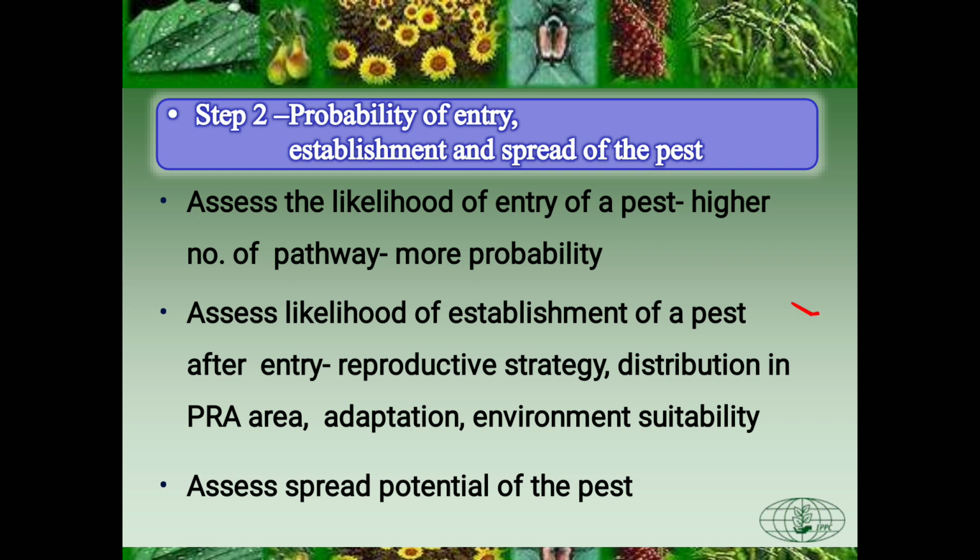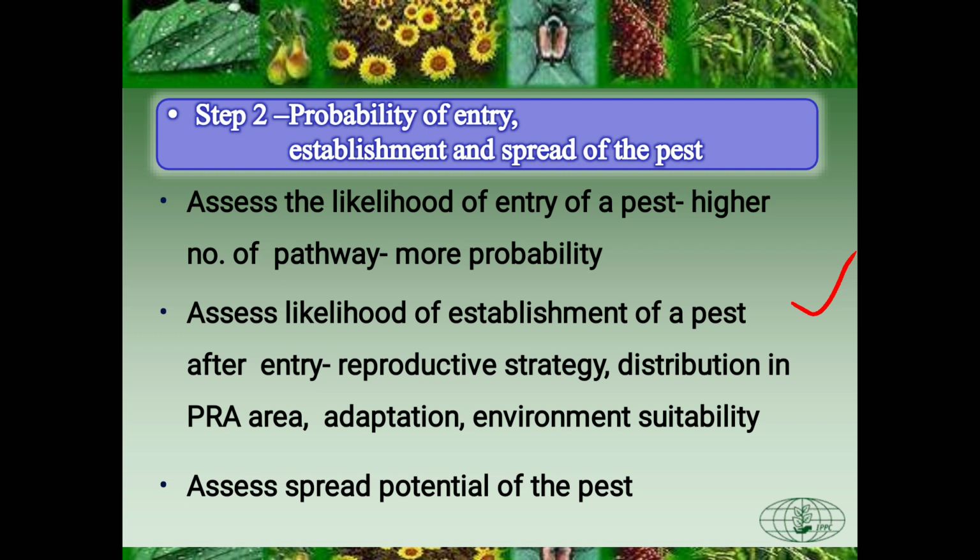The next one is to assess the likelihood of establishment of the pest after the entry: reproductive strategy, distribution in the PRA area, adaptation, environmental suitability. That means we assess, after the entry of that pest through different pathways or a single pathway, whether the pest is established in a particular area. We assess the reproductive strategy, or how the reproduction takes place.